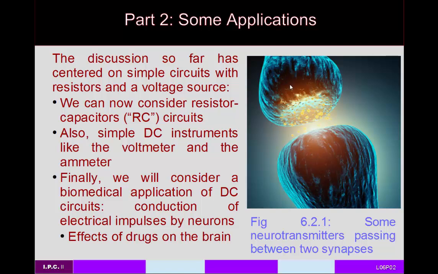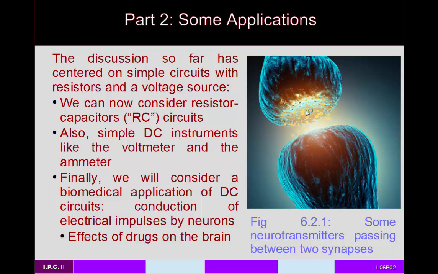What you see in this diagram, by the way, is maybe you'd call it a foreshadowing of what I want to talk about late in the lecture. Namely, here is a neurotransmitter, a pair of synapses, with some neurotransmitters passing between the two synapses.